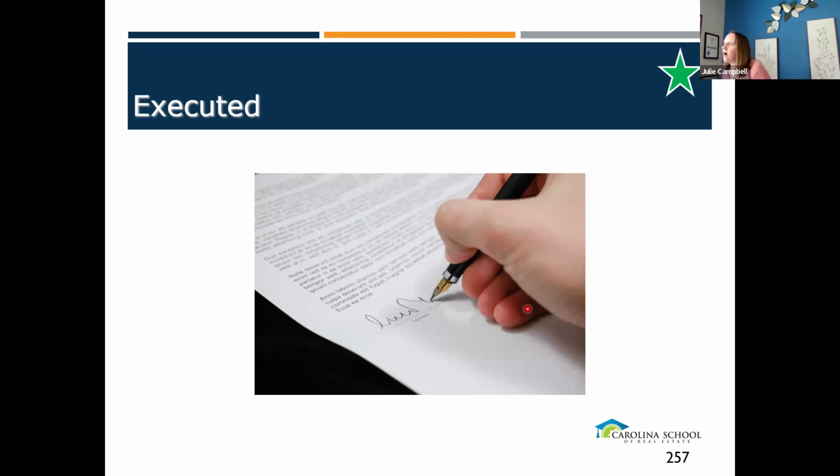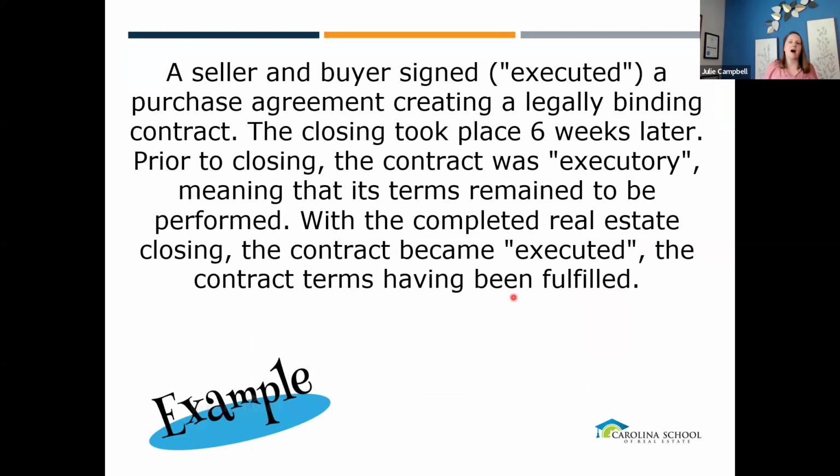Or are we talking about the contract has been completed? So if we were to look at an example, we could say a seller and a buyer signed, i.e. executed, a purchase agreement creating a legally binding contract. Closing took place 6 weeks later. Prior to closing, the contract was executory, meaning that its terms remained to be performed. With the completed closing, the contract became executed because now the terms have been fulfilled. So executed, it's been signed or it's been fulfilled.